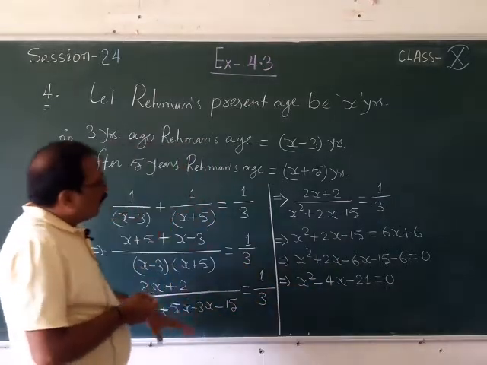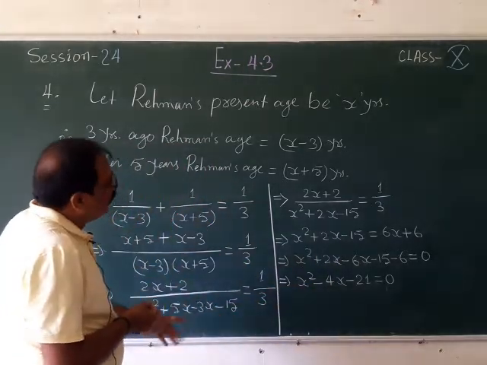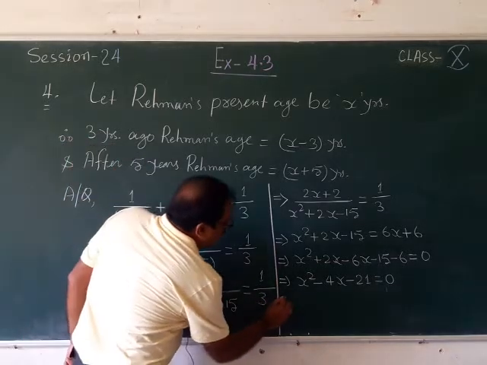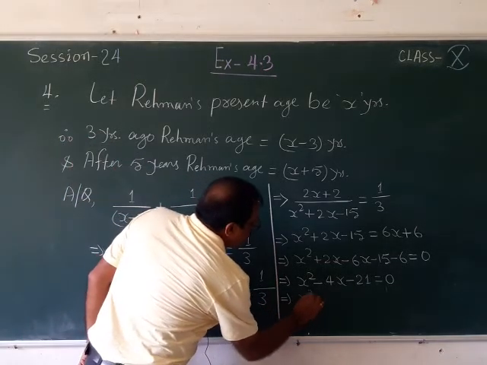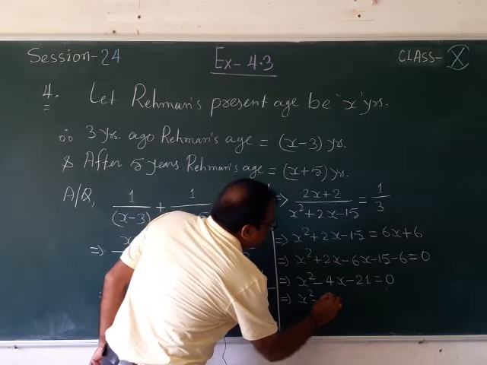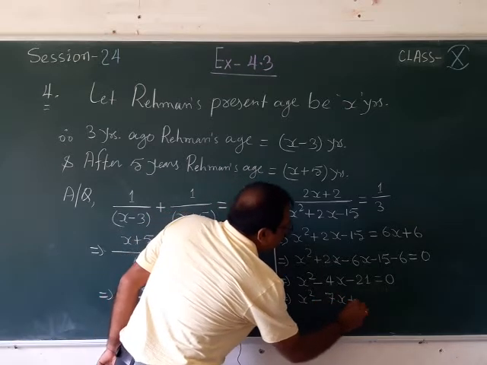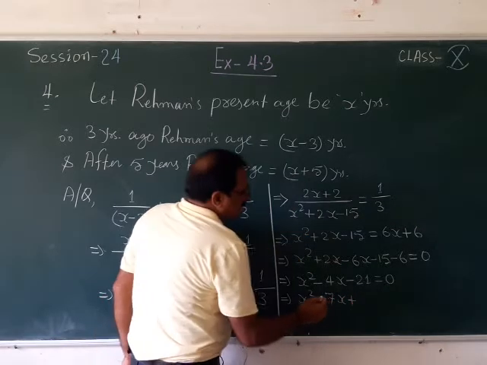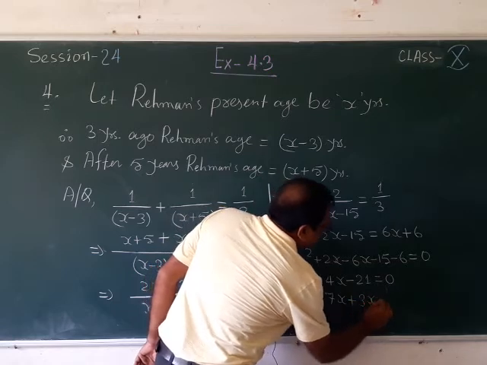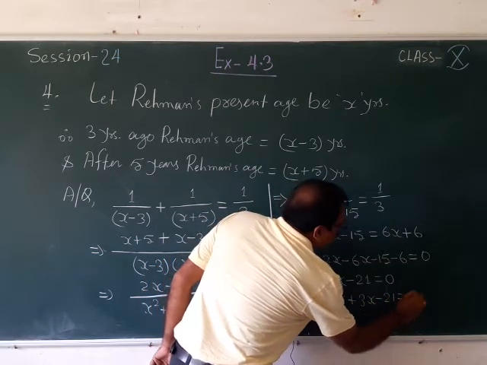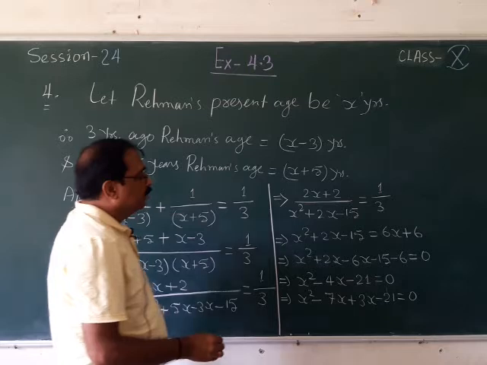So I will suggest that you just copy till here. Okay. So the further step I am going to write like that, minus 7x plus 3x, 7 threes are 21, and here minus 21 equal to 0. So by any of the methods you can solve it.